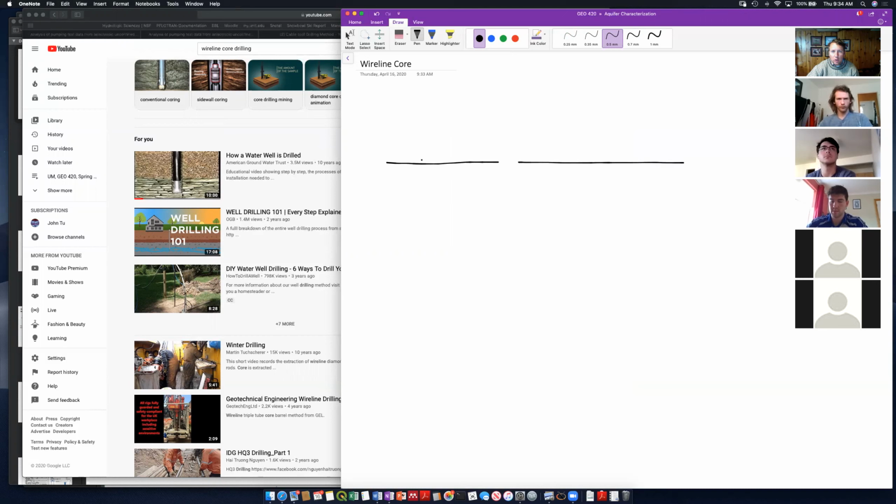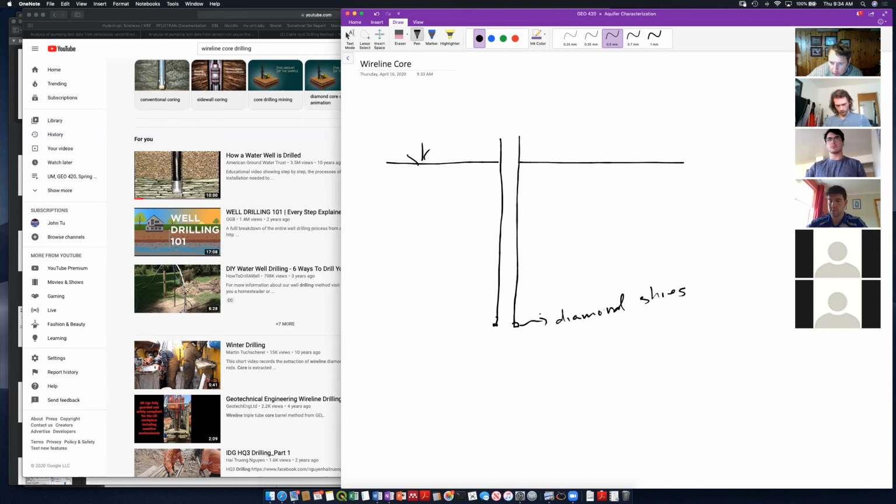So we've got our hole here, and we're drilling. And our core bit has these shoes at the base here. And these are my diamond shoes at the base of my drill stem.